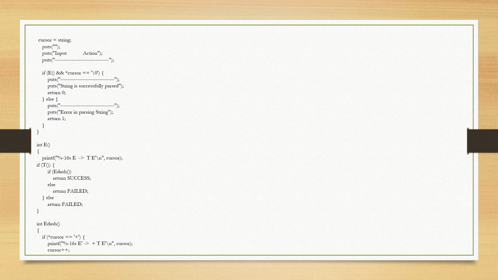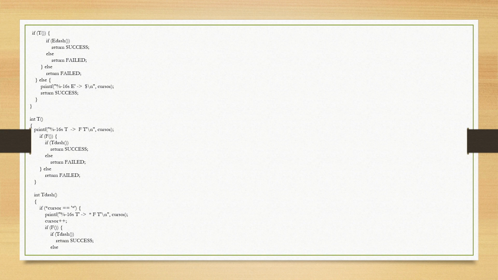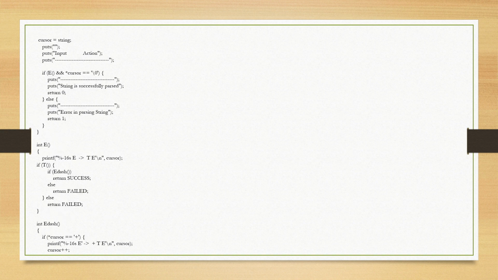First, considering the first variable, that is E, this is the printf statement of E of the cursor, where if this condition is true, then it returns success. If this condition is false, it will return a failed value. Then next, considering the next variable, the cursor will be equal to the addition, where this is a printf statement, and it increases the value of the cursor.